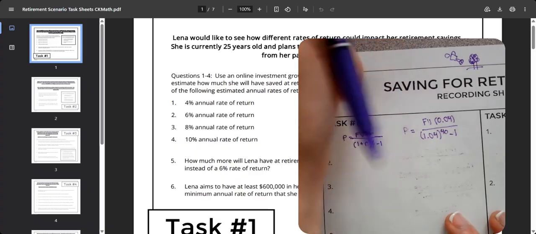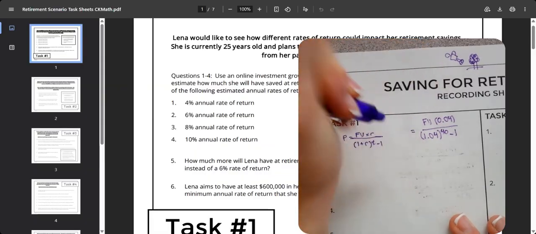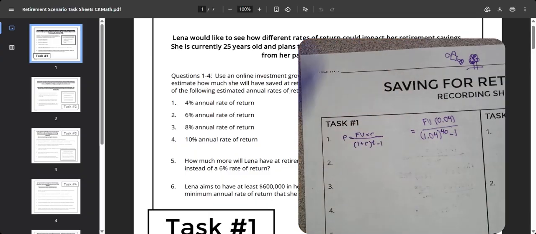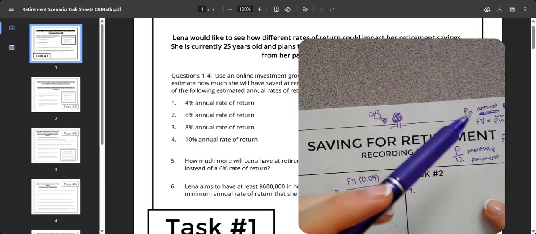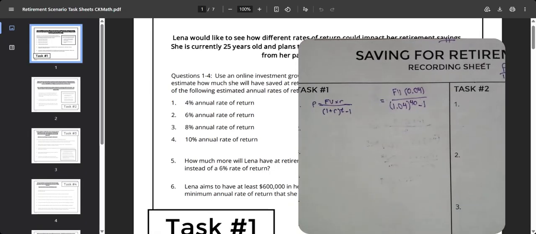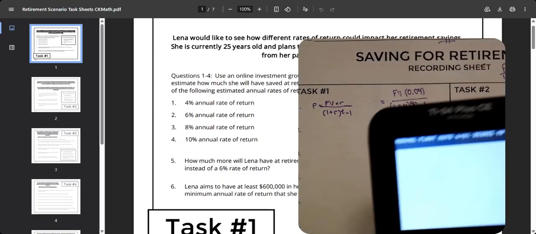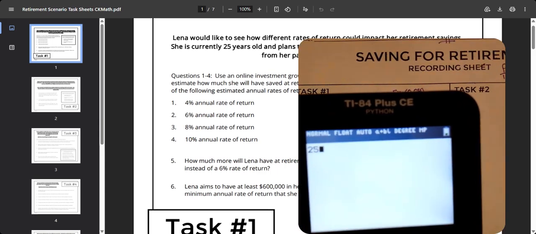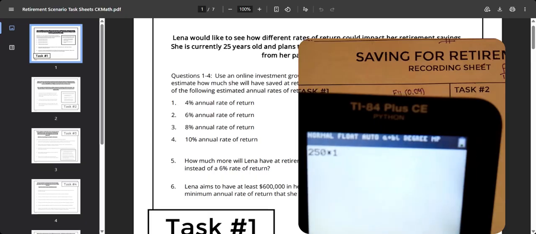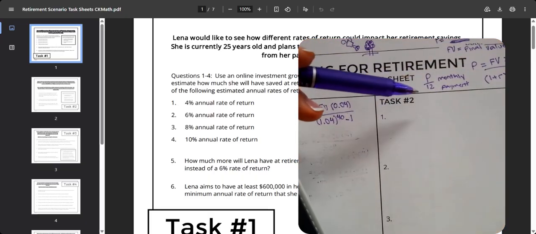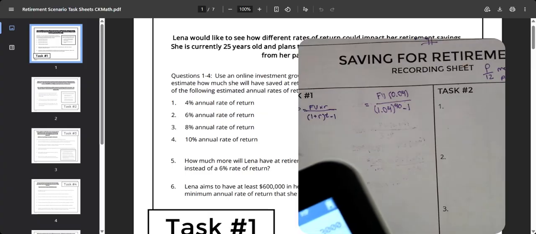But here's the deal. For P, I know you'd love to put 250 there because that is her monthly payment. But P is for the annual payment. So before we do anything, just to not confuse you, I want to multiply the 250 that she's spending each month by 12 to get her annual payment. Our final step would normally be to divide P by 12, but here, because we're working backwards, that's going to be our first step.